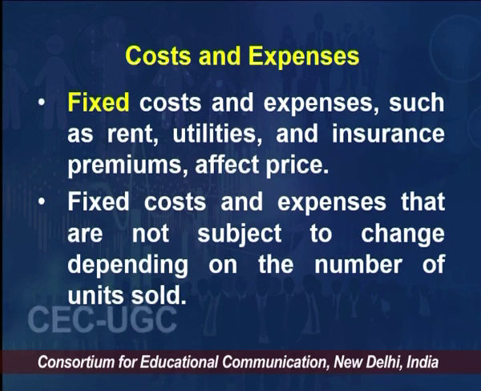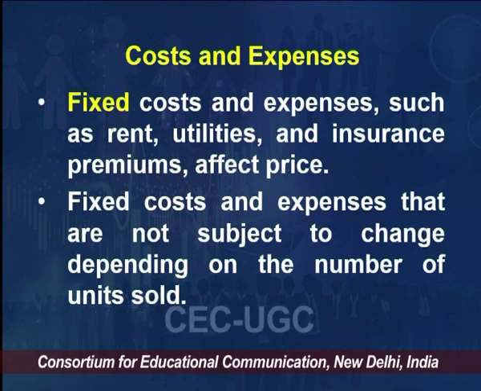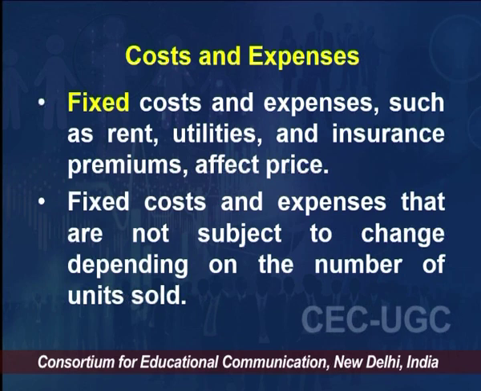There is no impact of a change in selling units on your fixed cost. They are constant. So the total cost is fixed, whether you sell 100 units or 500 units or 200 units.